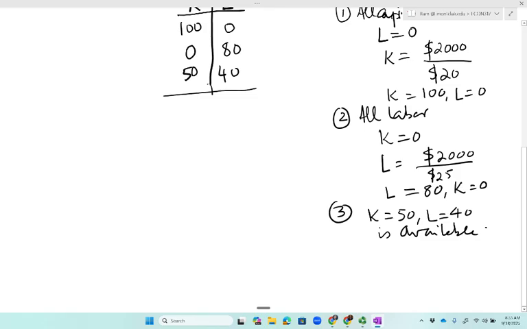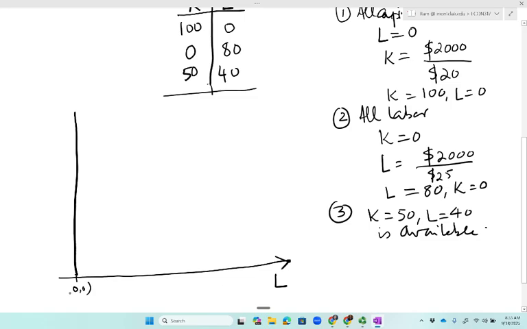So I will have K on the vertical axis, L on the horizontal axis. So this is the origin, 0, 0. This is the capital, K on the vertical, and we would like to plot all the points on the table which we had listed above.